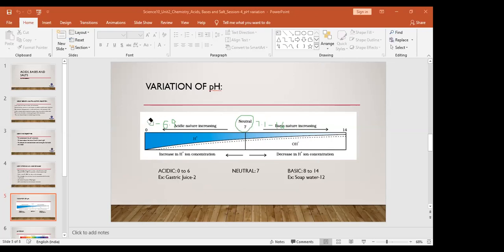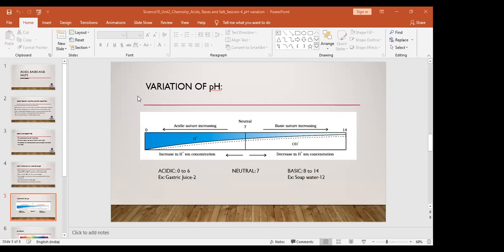Out of this 0 to 6, the chemicals which show the reading as 0, 1, 2 and 3 are considered as strong acids. The chemicals which show the pH 4, 5 and 6 are considered as weak acids. 7 is neutral.